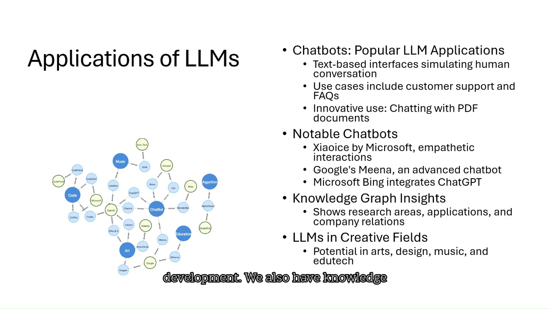We also have knowledge graphs, which illustrate the relationships amongst the current research areas and related companies, denoted by blue circles, with applications denoted by light blue circles and accompanied by green circles. These chatbots have vast possibilities to develop applications in arts, design, music generation, and education, and it's beyond the imagination, which cannot be stopped here.